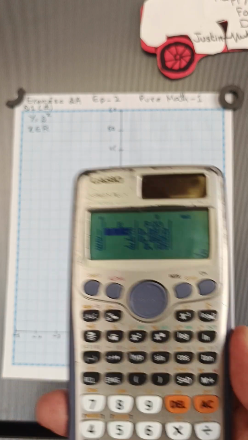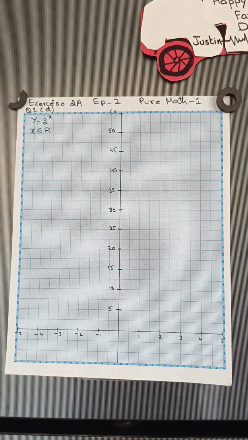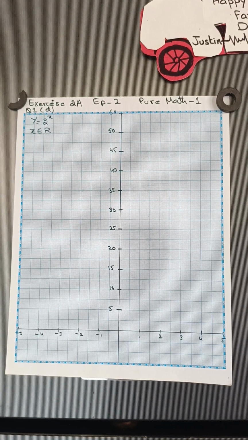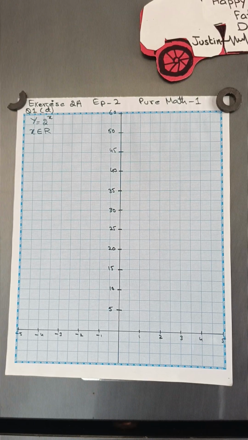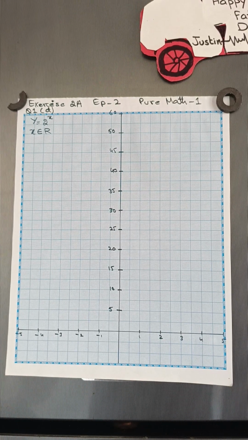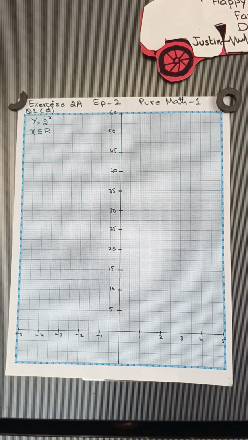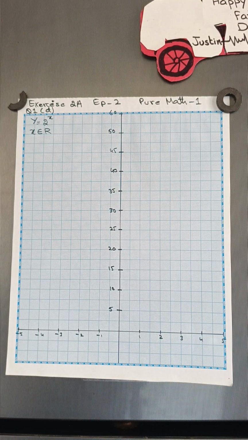Here we are doing this, and you see, at -3 it is 0.125, at -2 it is 0.25, at -1 it is 0.5, at 0 it is 1.